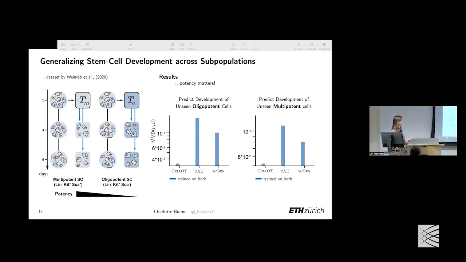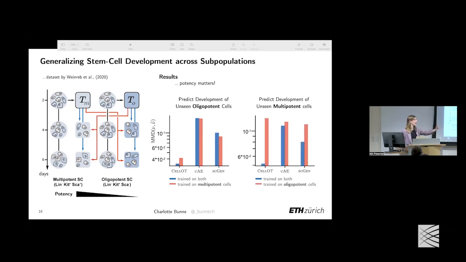Can we take, for example, the oligopotent transport map, only trained on oligopotent, and make predictions on multipotent, or vice versa? What we can see is that with cells of higher potency, so training on multipotent and then predicting on oligopotent, we can actually make reasonable predictions, but the other way around, we cannot.